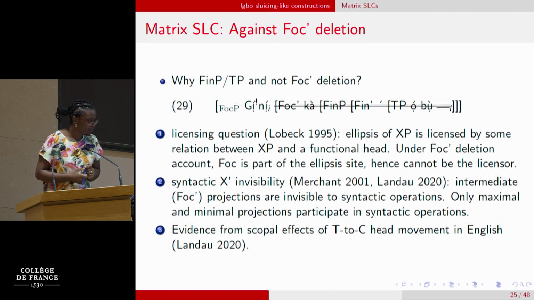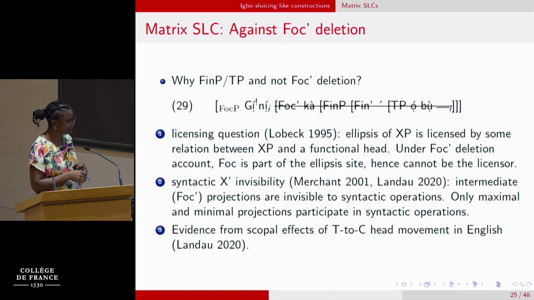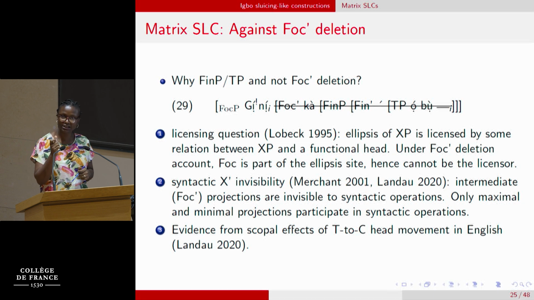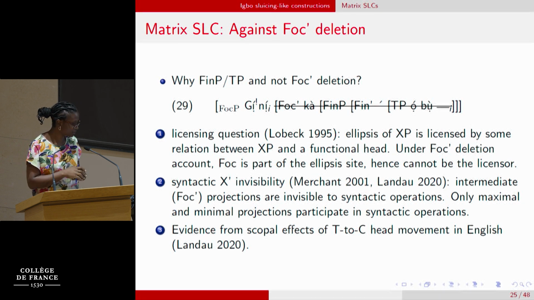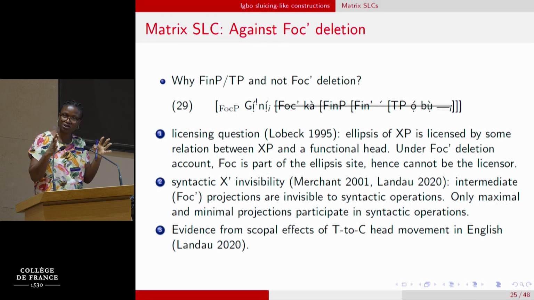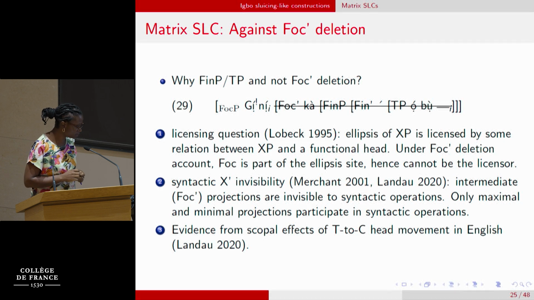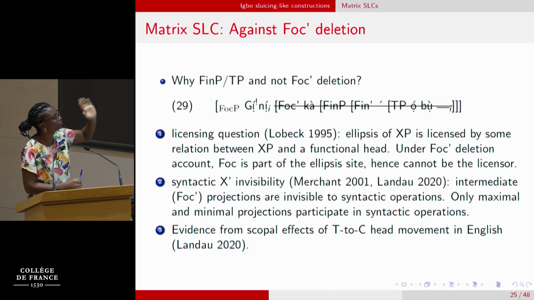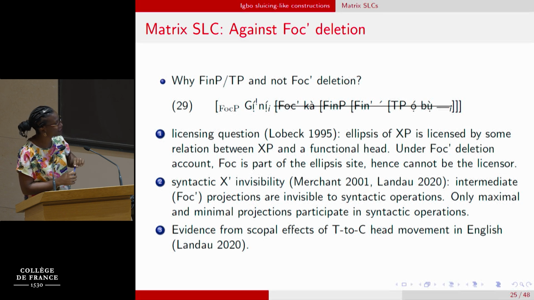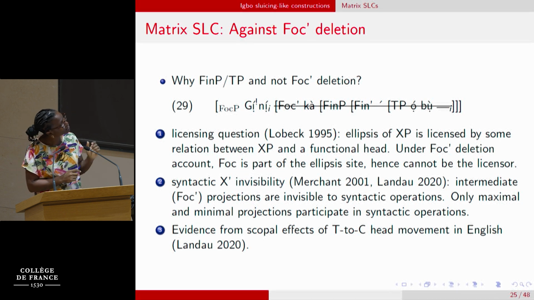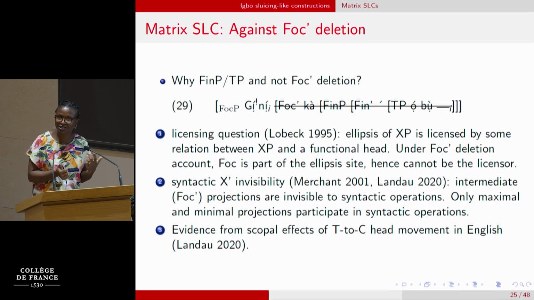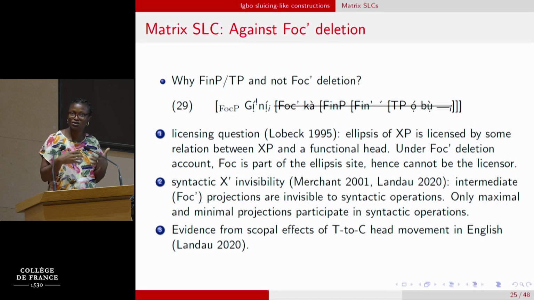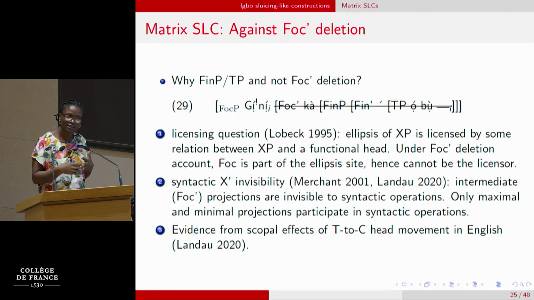Now, the point here on this slide is, why is it that we are deleting the FinP or the TP, and not just deleting the intermediate level, Foc'? The analysis in the literature, so there's no Igbo data here, comes from two arguments. The first is from the licensing question: whenever an XP is to be deleted, there's always a head doing the licensing.